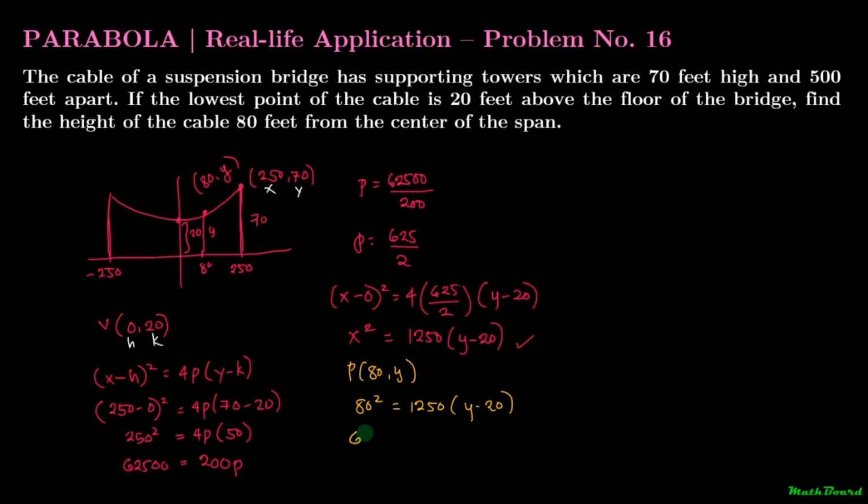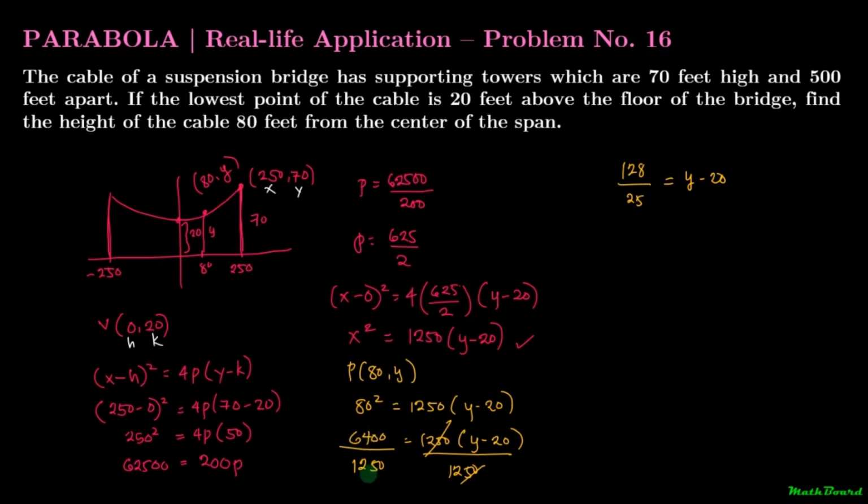8 times 8, so 64, and two zeros, equals 1,250 times y minus 20. Then, divide both sides by 1,250. So, 6,400 divided by 1,250 is 128 over 25. So, 128 over 25 equals y minus 20.